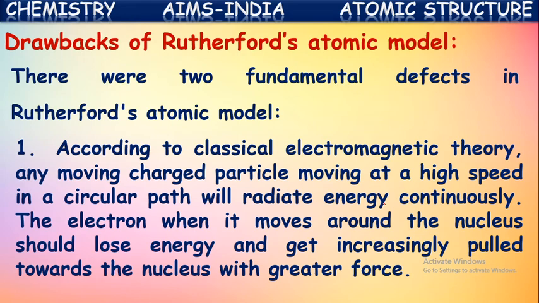So these negatively charged electrons revolving at high velocity should radiate energy continuously. So the electron, as it moves around the nucleus, should lose energy and get increasingly pulled towards the nucleus with a greater force.